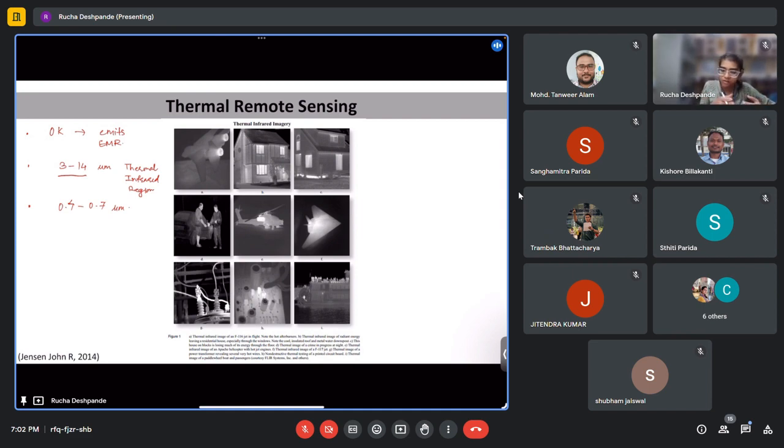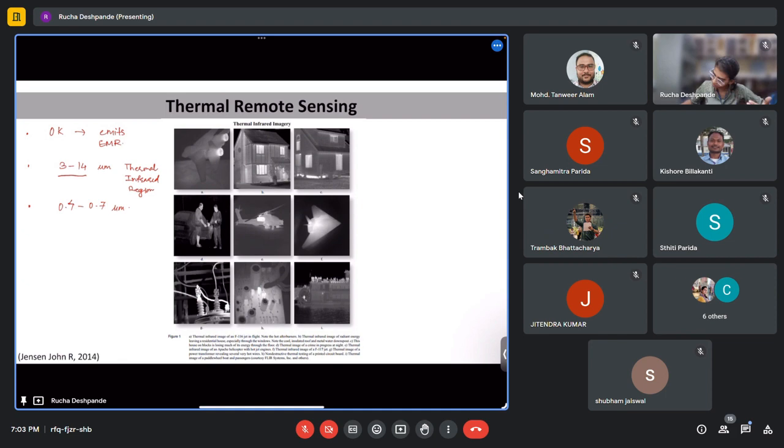So multiple sensors have been devised which are sensitive to these small changes in thermal infrared radiation, so that we can use our remotely sensed instruments and look at these subtle changes in the thermal signatures of various objects on Earth's surface, and then we can see how it helps us understand their thermal properties better.